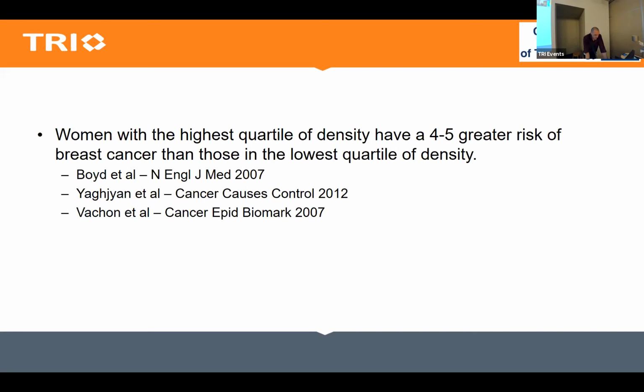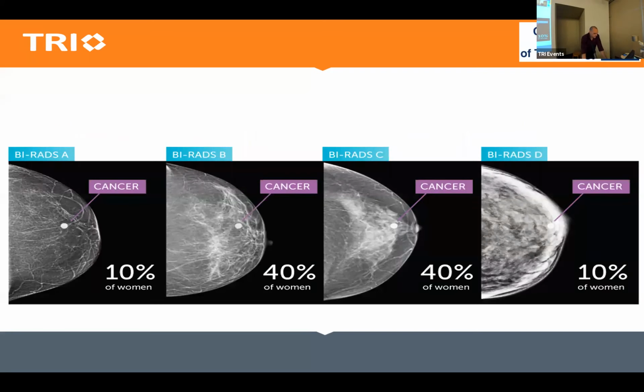But it's not just that, unfortunately, for these women, because the other effect, and this is the one that's most relevant to us from a clinical point of view as the people who read these studies, is that a cancer, generally speaking, is a white lesion on a mammogram.